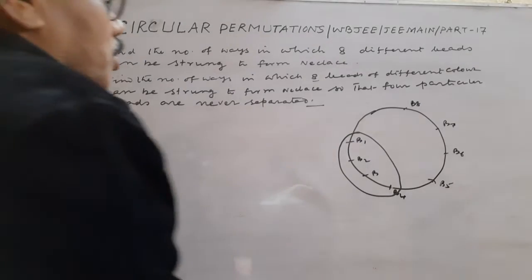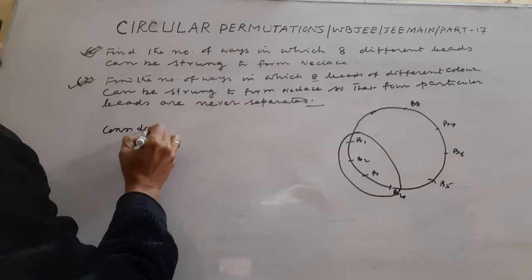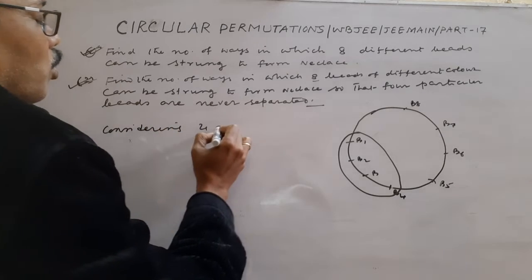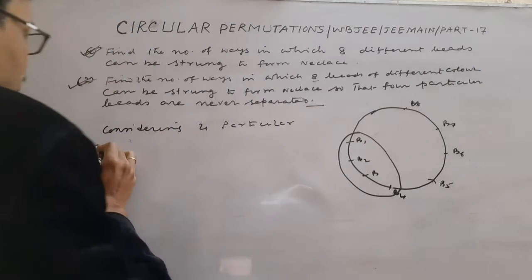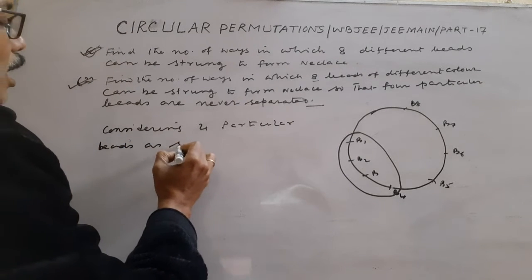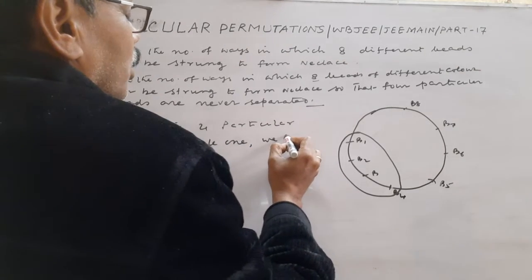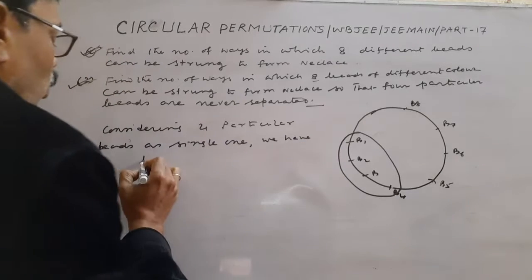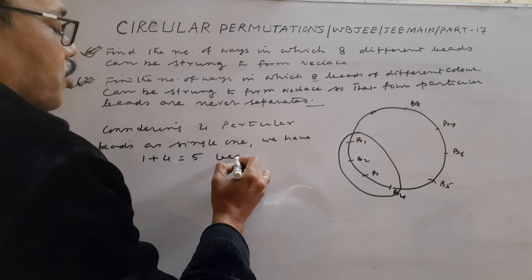So, considering the 4 particular beads as a single entity, as a single one, we have 1 plus 4 equals 5 beads.